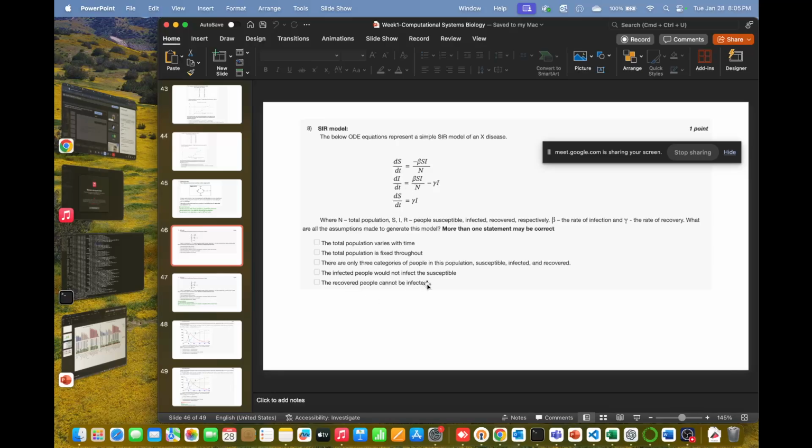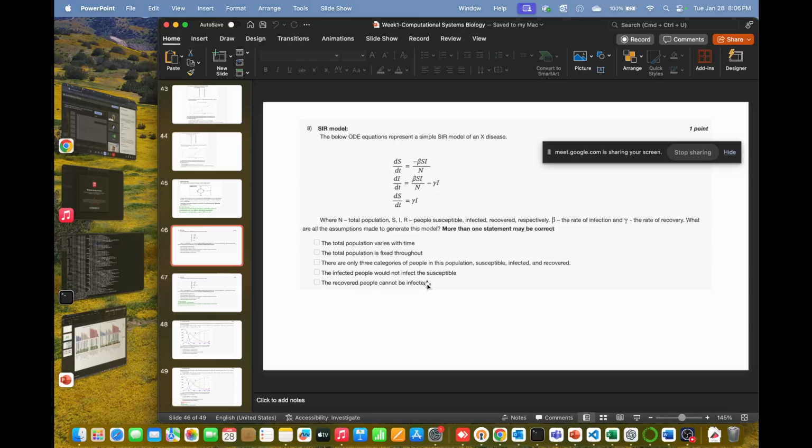Across the three equations, there is no mention of recovered people. So the rate of change of susceptible people or the rate of change of infected people does not depend on R. That is the logic that I am using, because there is no R in the equations anywhere. So it does not depend on R, in both dS/dt and dI/dt.